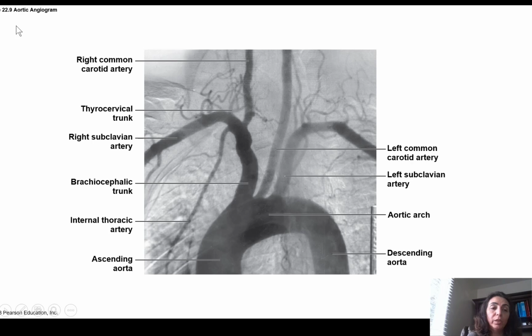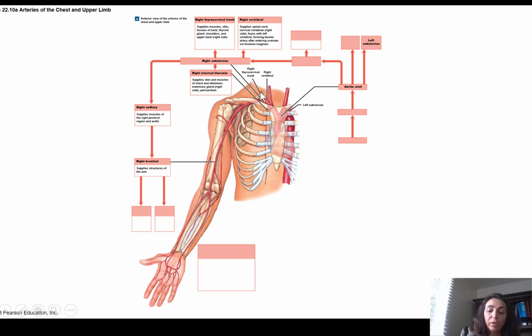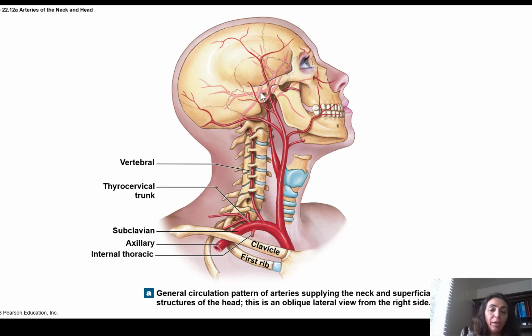So this is an aortic angiogram, as you see here. And these are the parts of the subclavian. After this part, you have the subclavian artery and all its branches toward the arm here. And also you see the beginning of the vertebral artery that is going toward the brain.